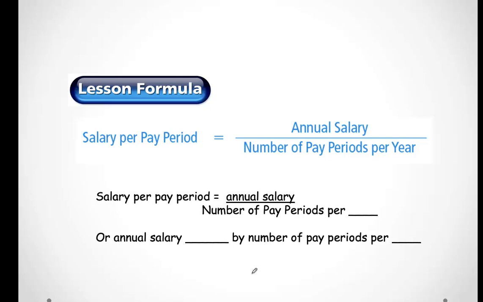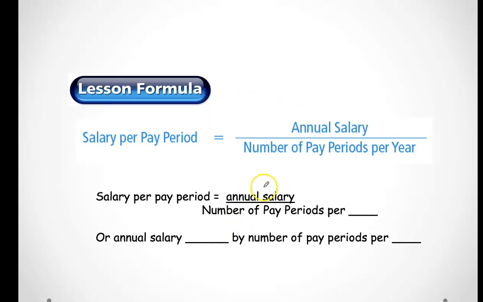So the lesson formula today, you need to turn to the next page in your notes, is we find the salary per pay period because you take their annual salary, how much they make in a year, and divide by the number of pay periods.